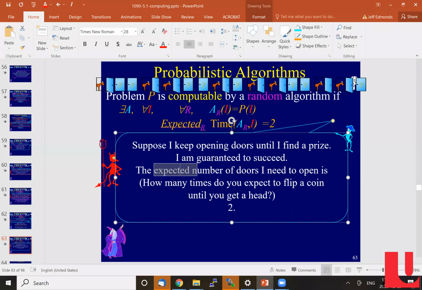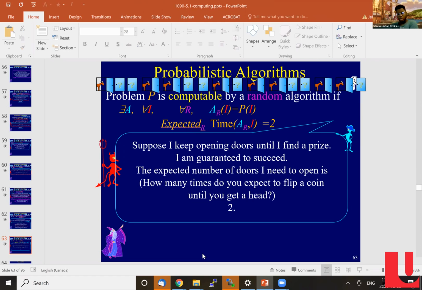Okay, that makes sense. Jeff, I was just wondering, since the algorithm is random, is it possible that every time we keep on opening the same door? Oh, you're very good. So I was ignoring that. This is called choosing randomly with replacement or without replacement.